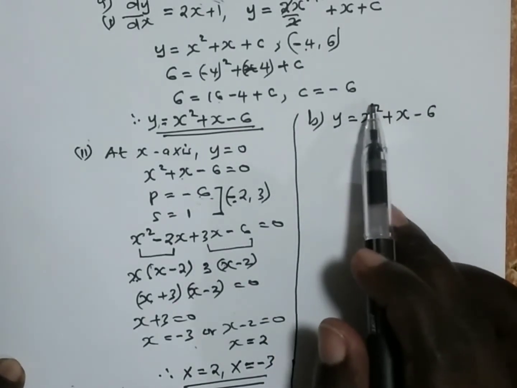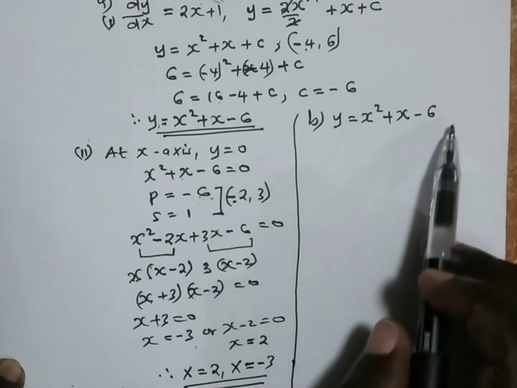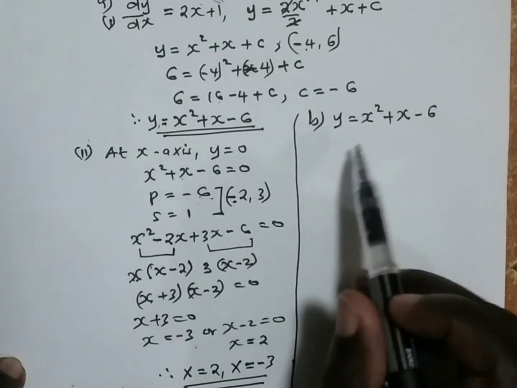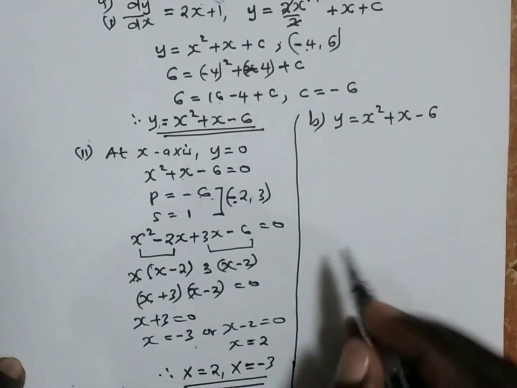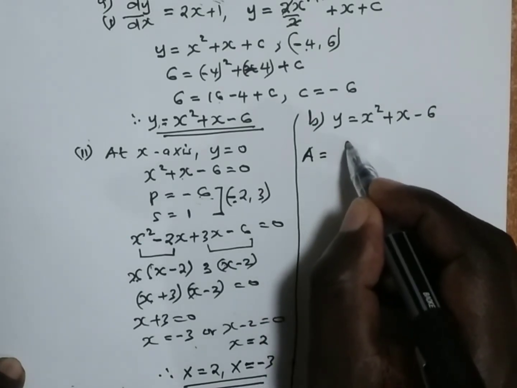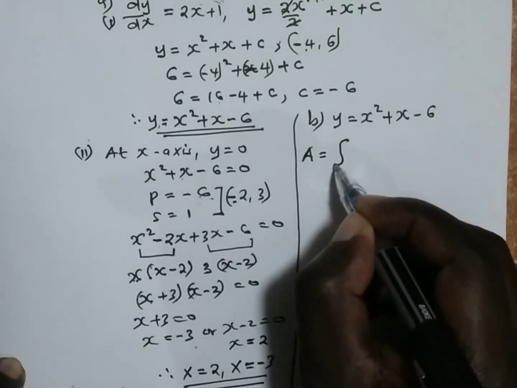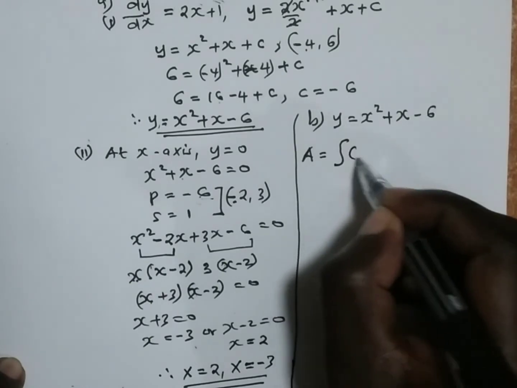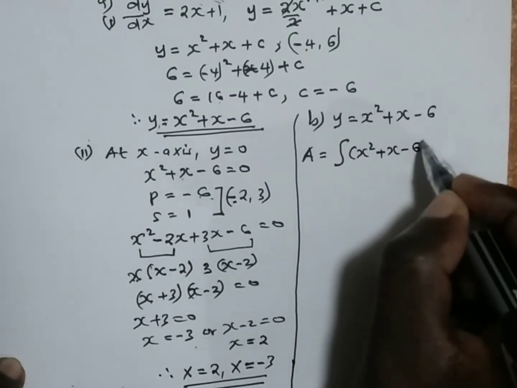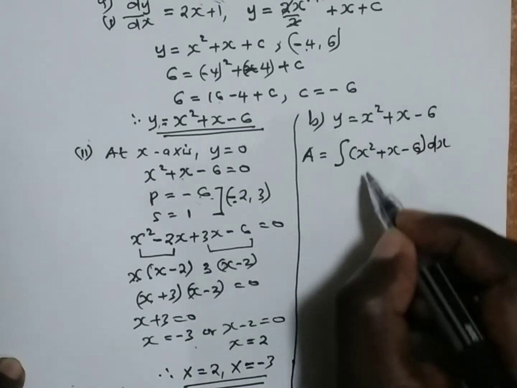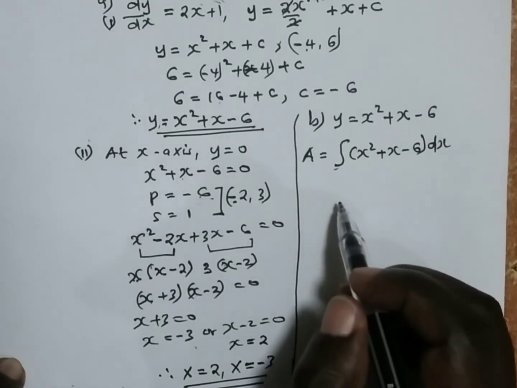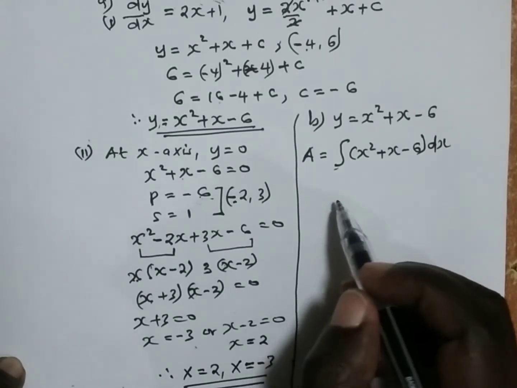So we want to find the area enclosed by this curve by integration. So we are going to get the area, and the area is going to be gotten by integrating the function we have, which is x squared plus x minus 6, and the sign we have there means integration.